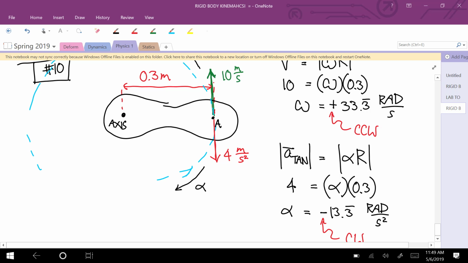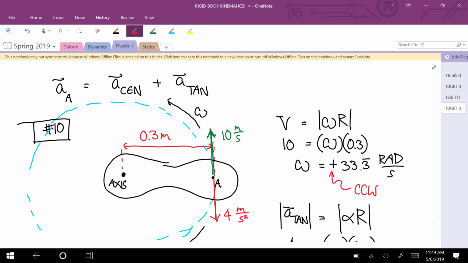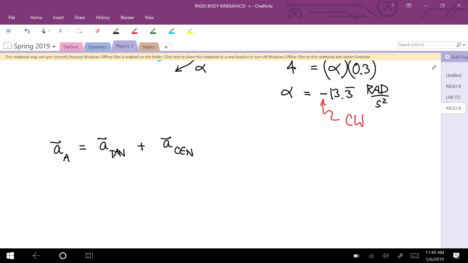And then the total acceleration of A is equal to the tangential plus the centripetal. We weren't given the centripetal acceleration, so we're going to have to figure that out. The centripetal acceleration goes this way. The magnitude of the centripetal acceleration is omega squared r.